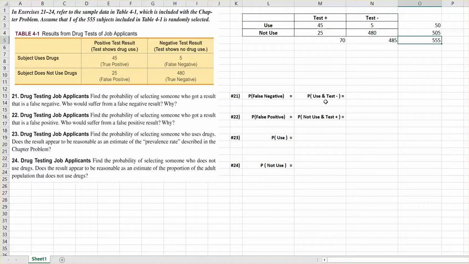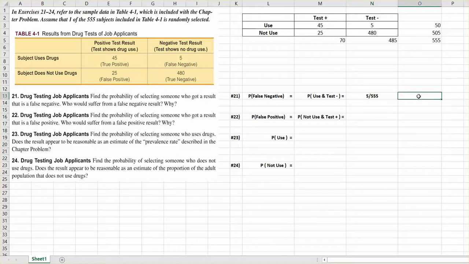In question 21, they ask us what is the probability of getting a false negative. I'm going to rephrase that in terms of what it means to be a false negative. That means that your subject does use drugs and at the same time they tested negative. And with all probabilities, we're just going to go ahead and count things up. There is a total of 5 people that fit that description of simultaneously using drugs and testing negative, and that's going to be out of the 555 total people.